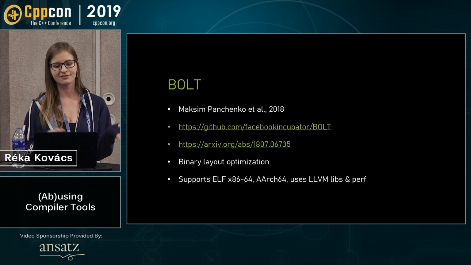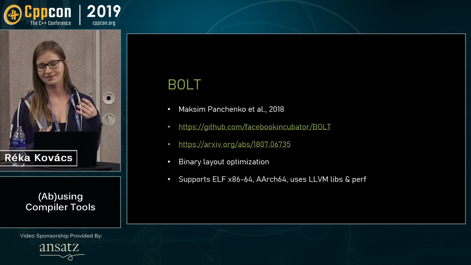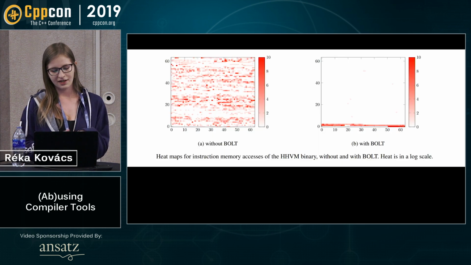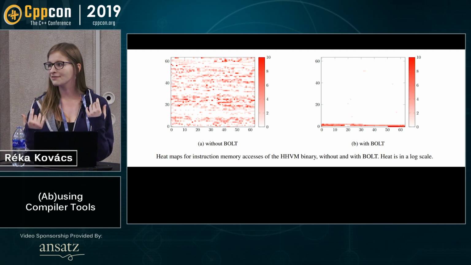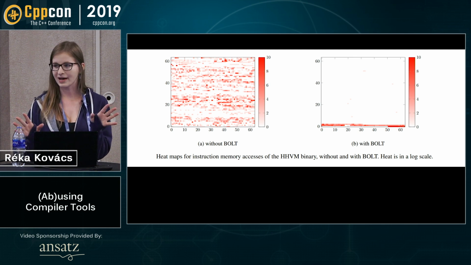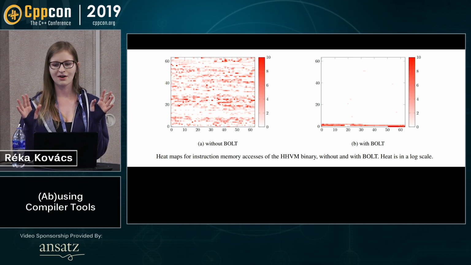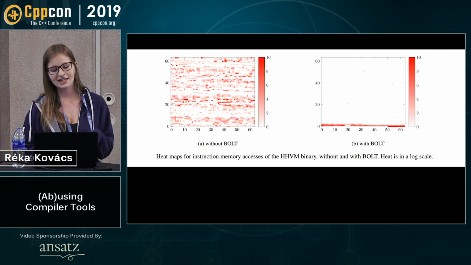So you have to check out the specific version, patch it, clone Bolt, and then build it together. What I have here shows how Bolt actually works. We have two heat maps that represent the instruction address space of one of the Facebook services that is huge, and they are running it in their data centers.